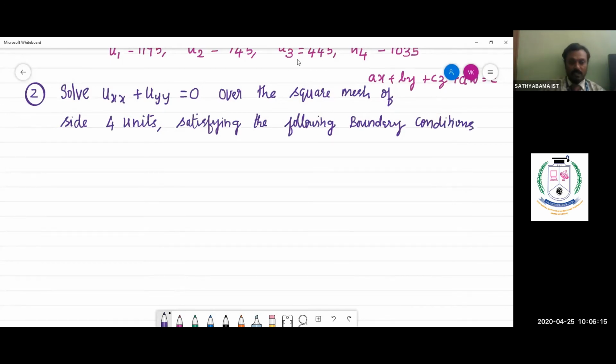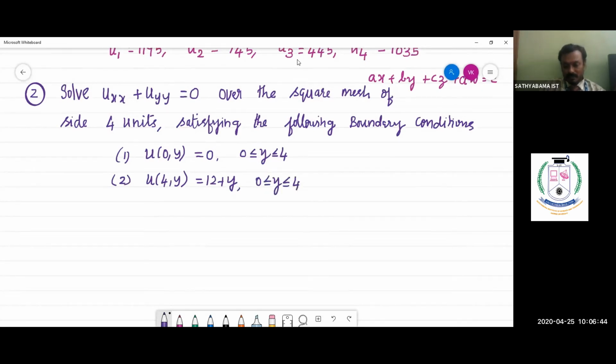The first condition is u of 0, y is equal to 0 for all the y values between 0 and 4. The second condition, u of 4, y is equal to 12 plus y, again for all the y values between 0 and 4.